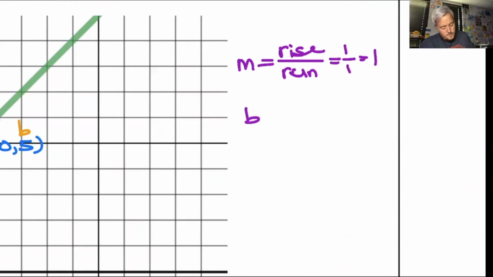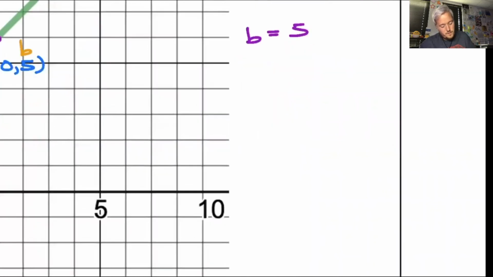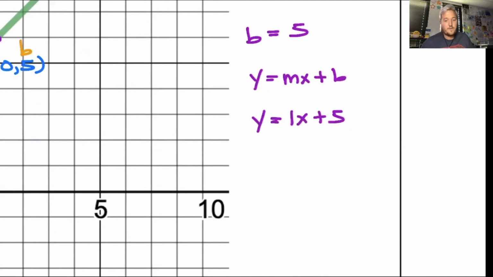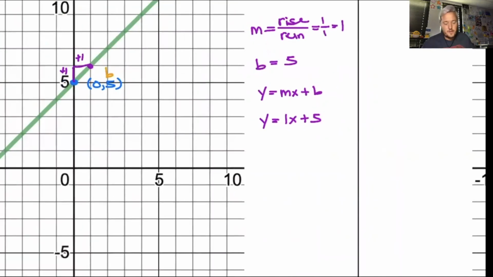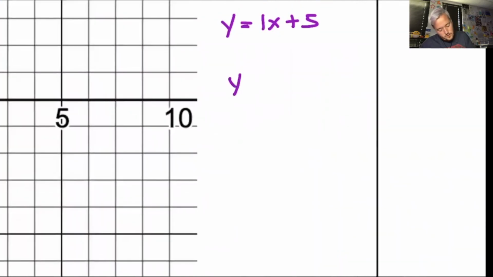And then we have a b value of 5. So our equation here is 1x plus 5. But as mentioned before, we don't have to write that 1. So our equation here is just y equals x plus 5.